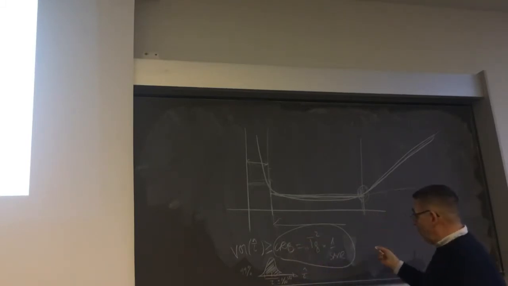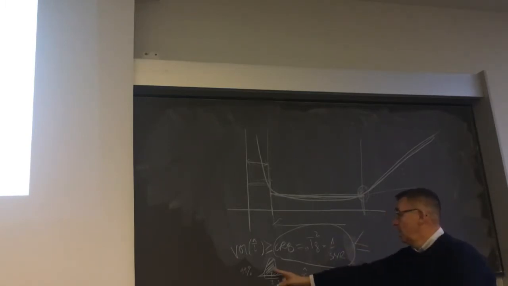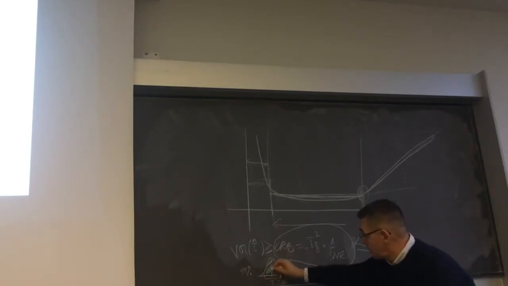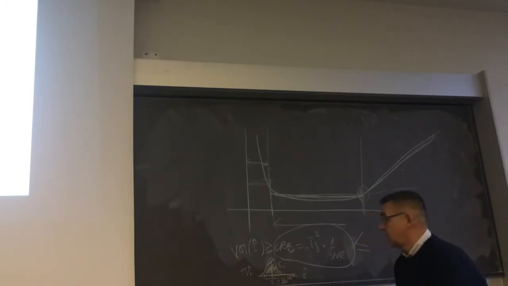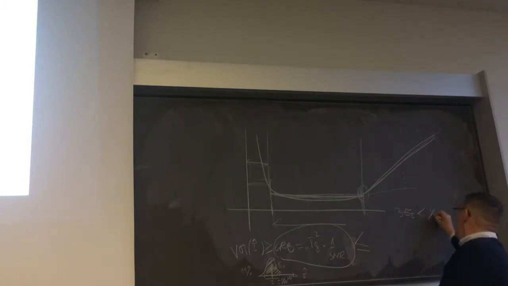So I want that this one is smaller or equal than 1/10 with a probability of 99%. What does 99% mean? It means that if this one is a certain sigma with respect to the time of delay, sigma tau, then I need to have that 3 times sigma tau should be smaller than 1/10 of microsecond. How much is this sigma tau? That's it.